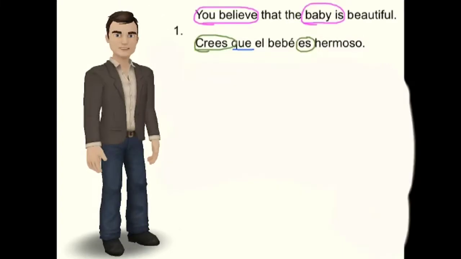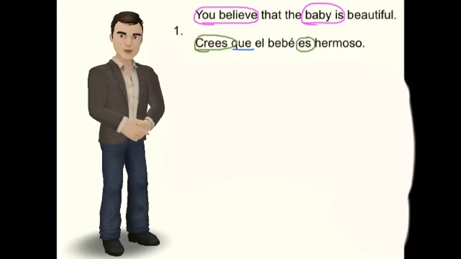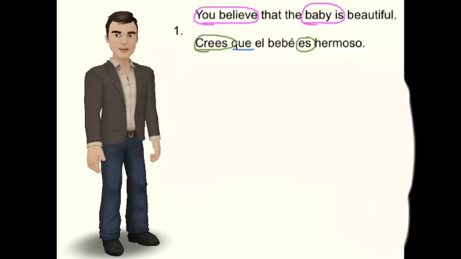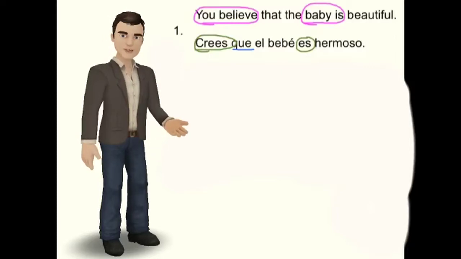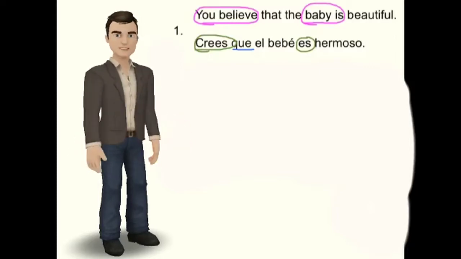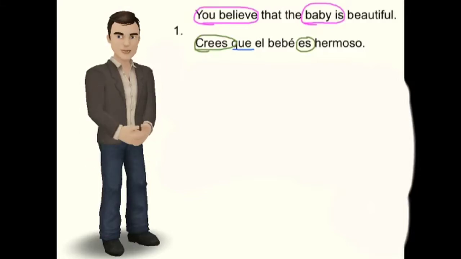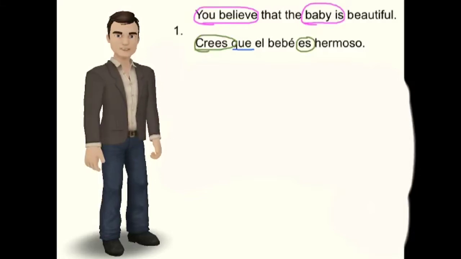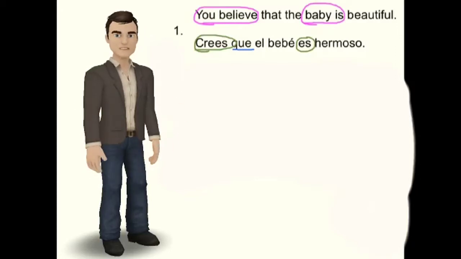In these examples, the English verbs are circled in pink along with their subjects, and the Spanish verbs are circled in green. You believe that the baby is beautiful. So you is the subject of believe, while baby is the subject of is. It's a second person verb first, you believe, and a third person verb second, baby is.